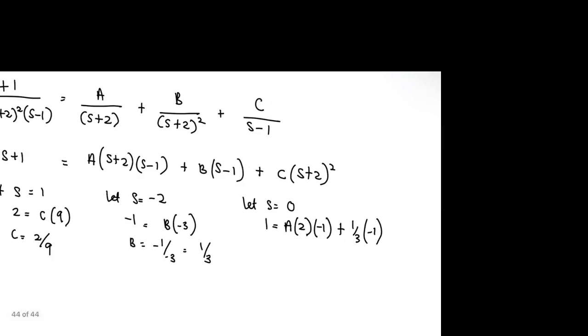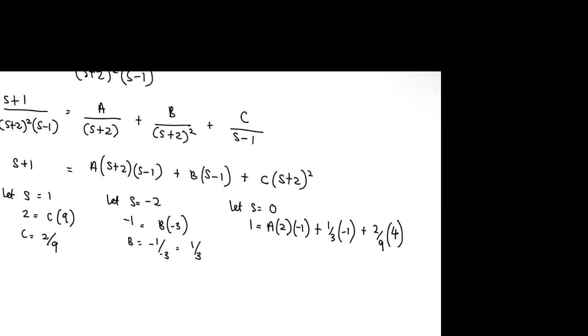C, sorry, C we know the value already. C is 2 over 9. 0 plus 2 is 2, 2 square is 4. So we have 1 equal to minus 2A minus 1 over 3 plus, no, 8 over 9.